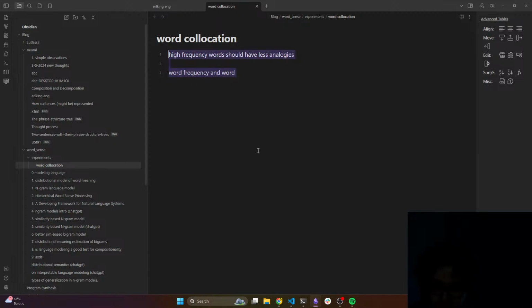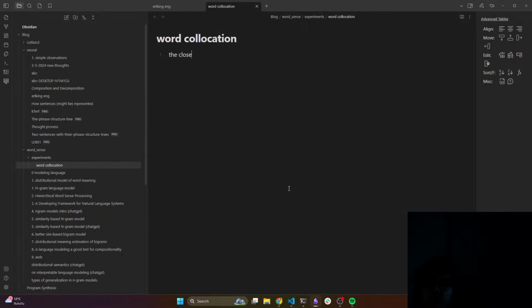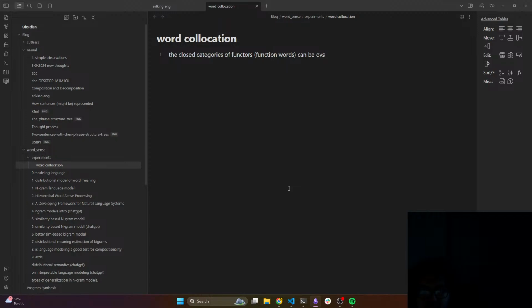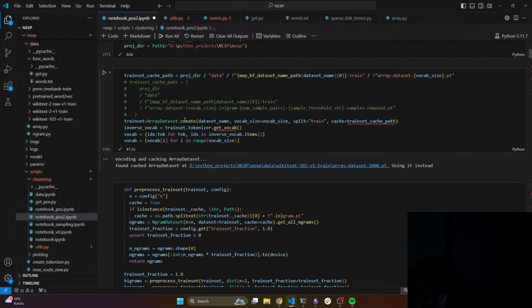Perhaps we could write it down as: the closed categories of functors, function words, can be observed with as little as around... Let's try to reduce the amount of data for now. I'll try to reduce to 1 million first.